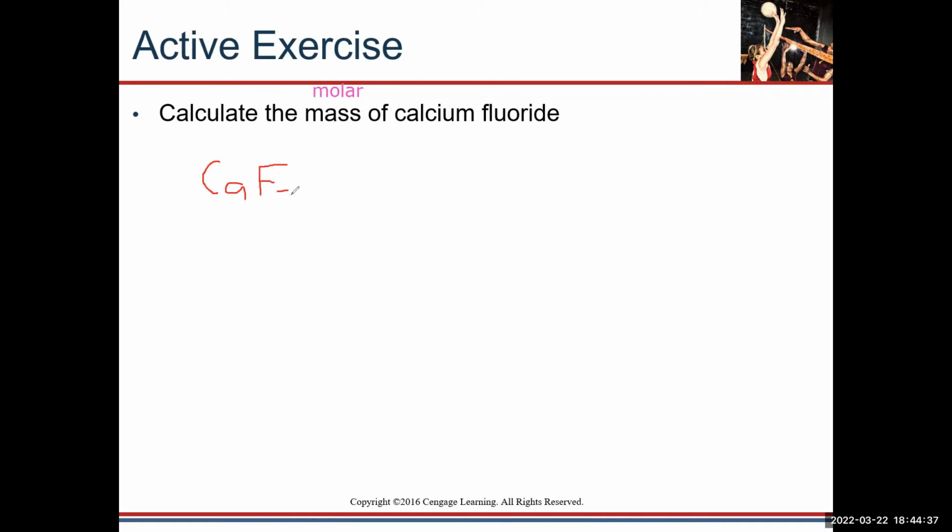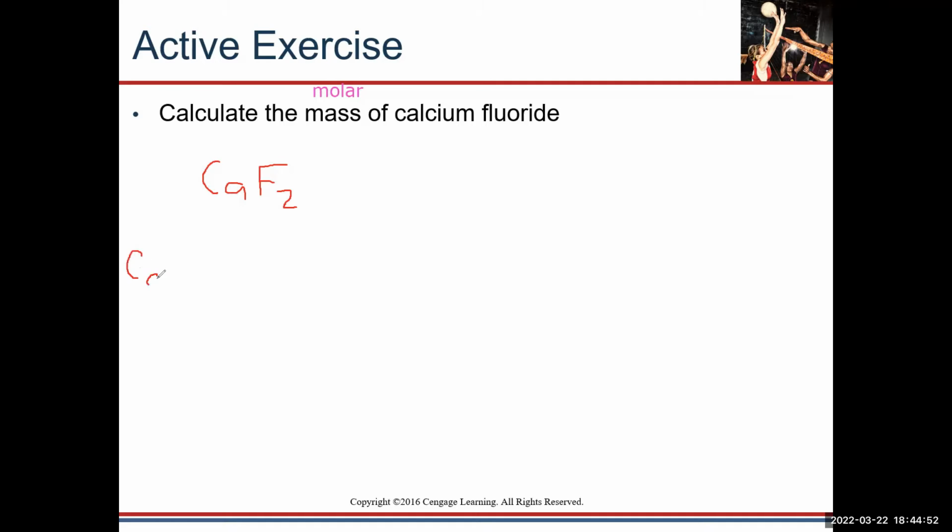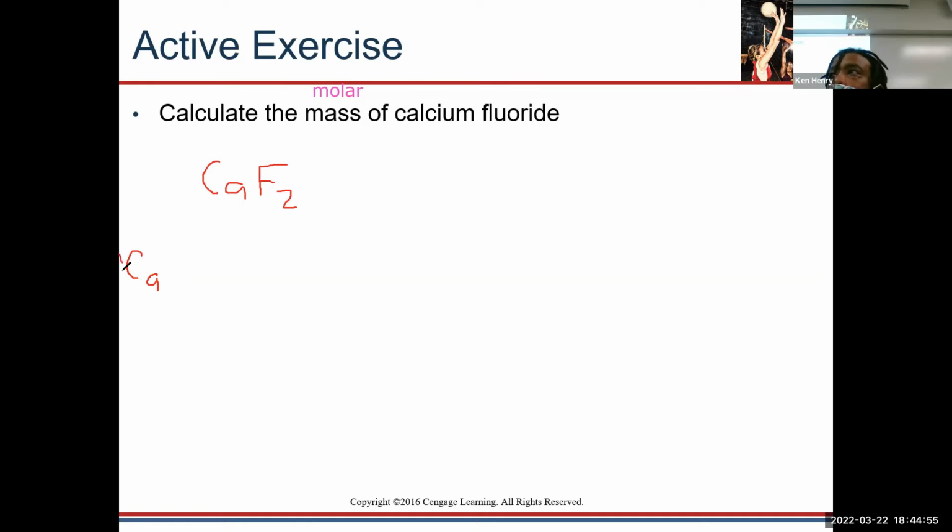CaF2, right? Because calcium is a 2+. So calcium weighs how much? 40. And we have how many? So 1 times 40. And fluorine, we have how many? 2. And they weigh 19.